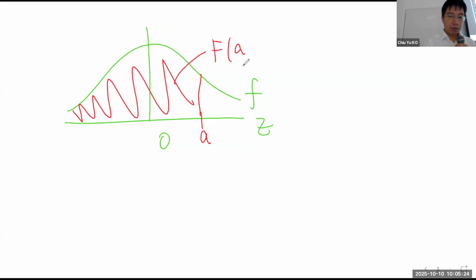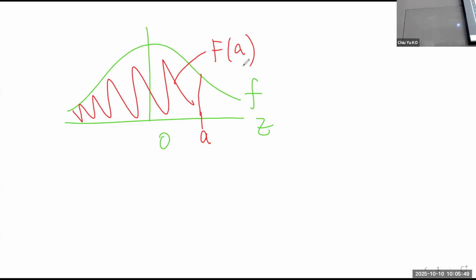It's the area on the left-hand side of a. You give me the number at the bottom, I give you the area. This is the standard. But sometimes we care about the reverse: I give you the area, and I want to know what number it is. I give you F of a, and I want to know a.